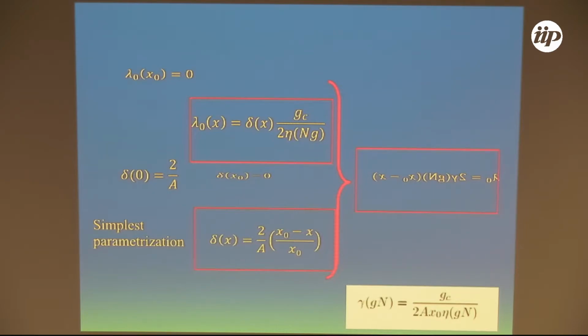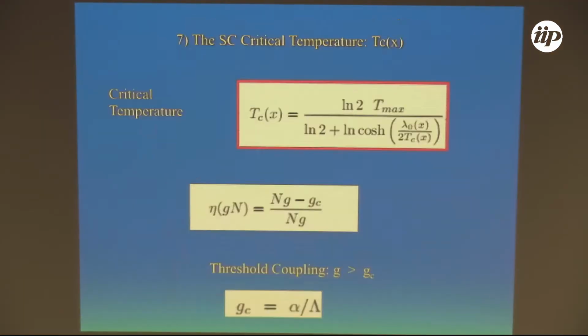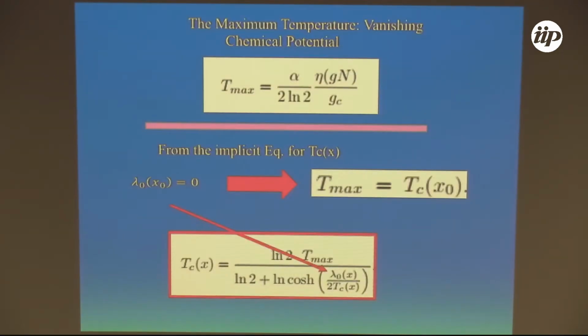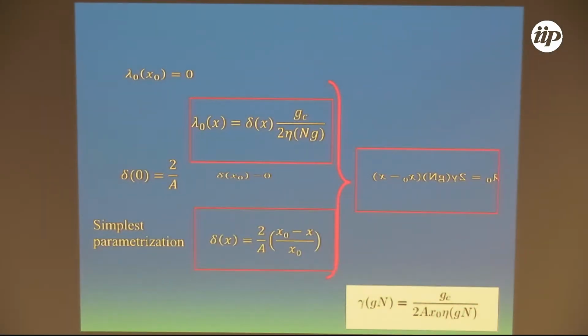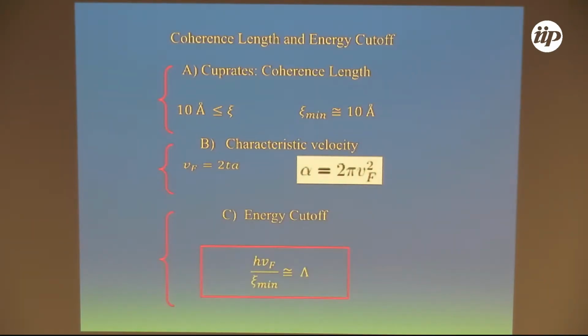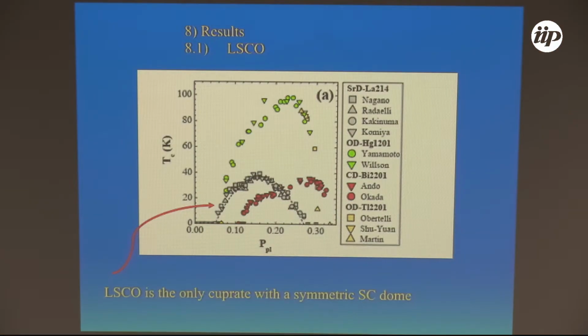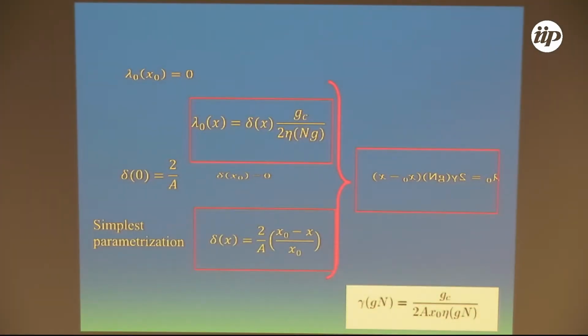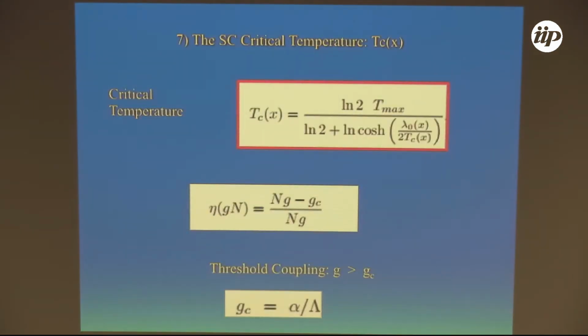GC, remember, is given completely in terms of lambda and alpha. So the only thing I'm going to adjust is this gamma, which is basically G, because GC is fixed. A is the area, X0 is the optimal doping, and this eta is given by this.